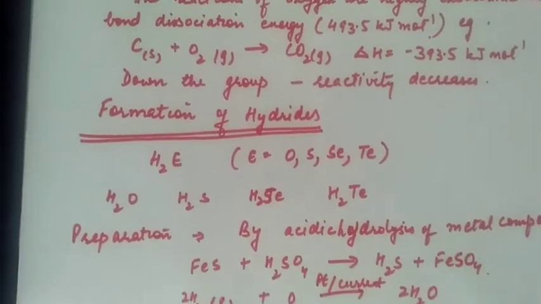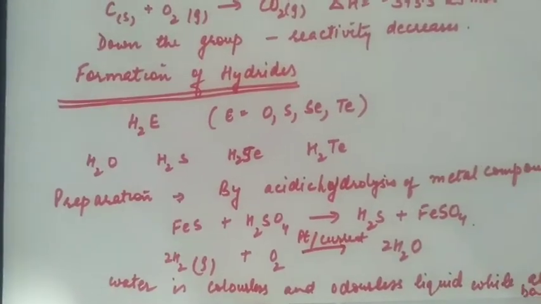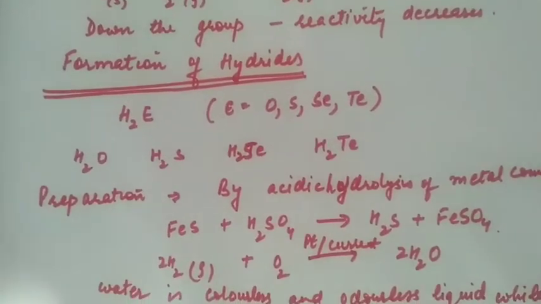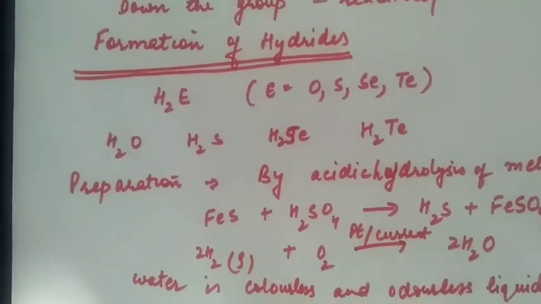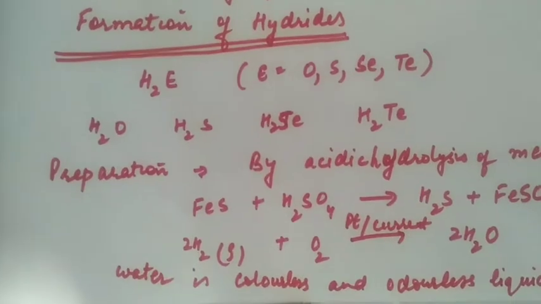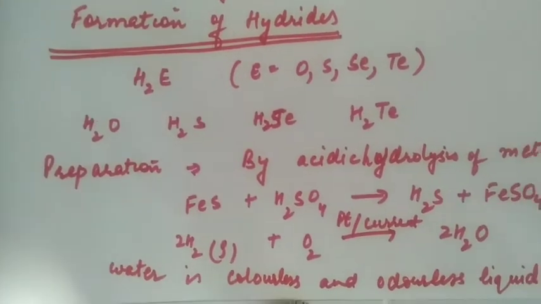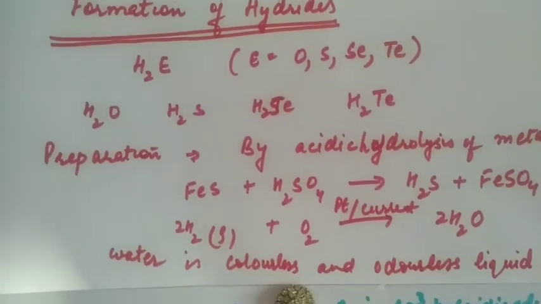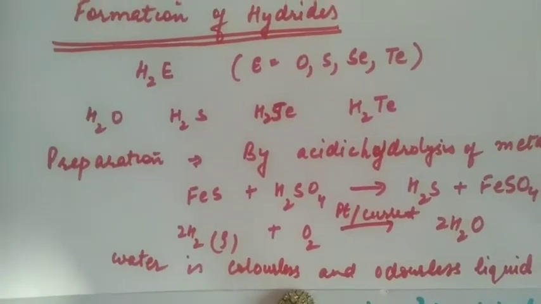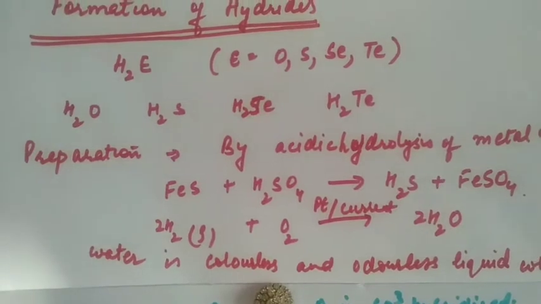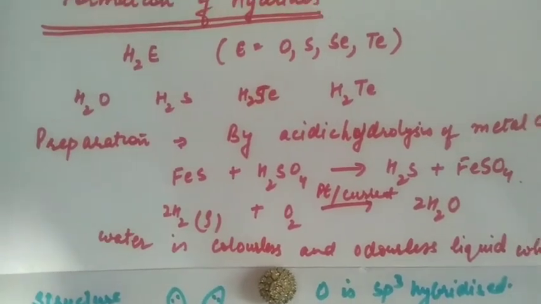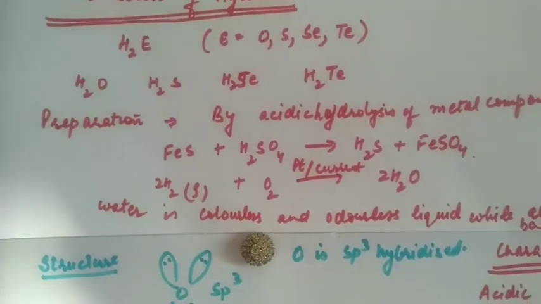Formation of hydrides. Members of oxygen family form hydrides of the type H2E, where E may be oxygen, sulfur, selenium, tellurium. For example, with oxygen the hydride is water, then with sulfur H2S, H2Se, H2Te.